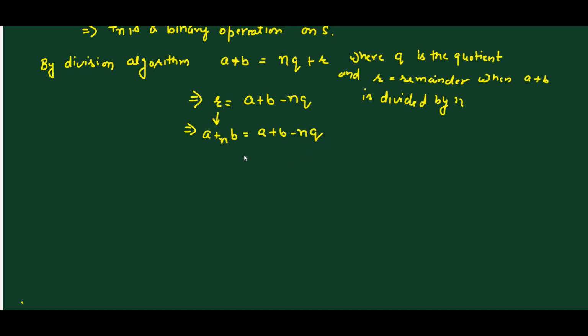We will use this notation throughout this lecture, and this is a very useful observation to prove that S turns out to be a ring with respect to addition modulo n and multiplication modulo n. Now with the help of this fact, we will show that this operation is associative.